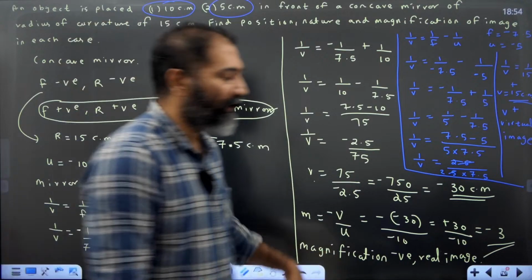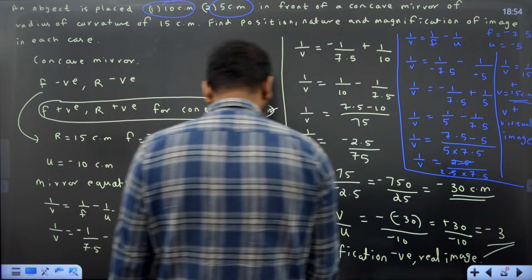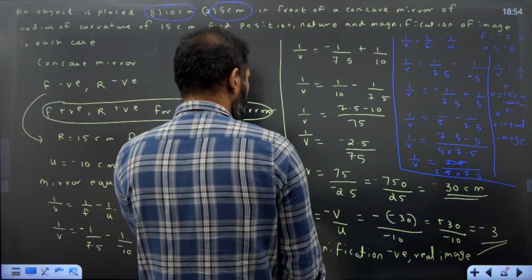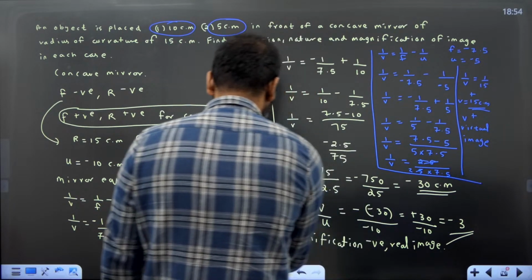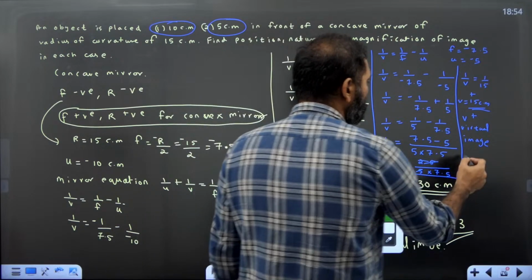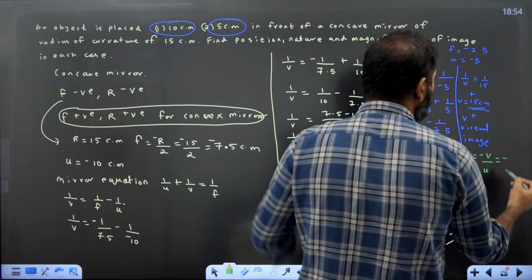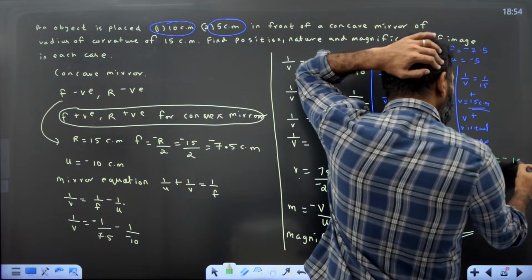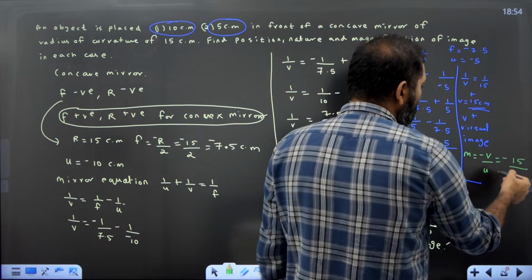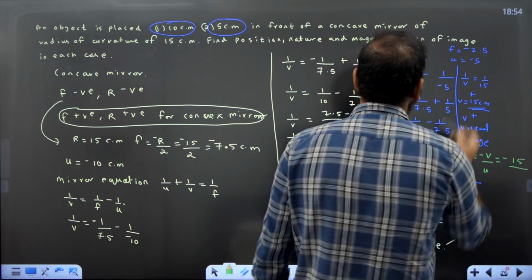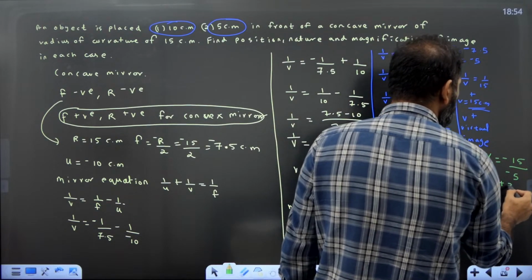So what is the magnification here? m is equal to minus v by u. So minus of plus 15, divided by the object distance, minus 5. So the magnification is plus 3.